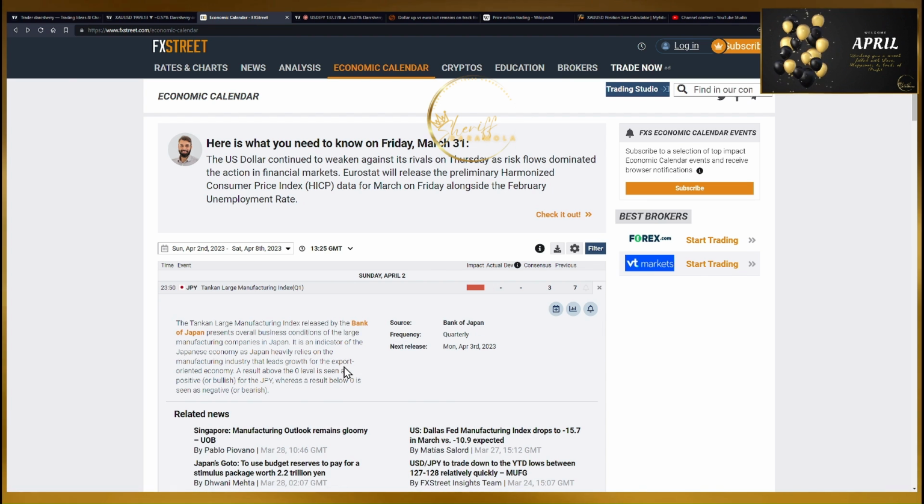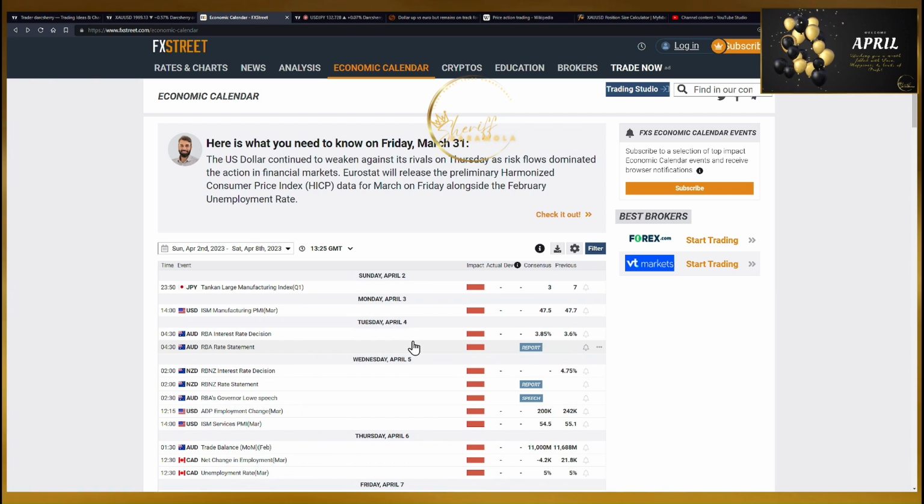And this event is a high impact event which presents the overall business condition of the large manufacturing companies in Japan. It is an indicator of the Japanese economy, as Japan heavily relies on the manufacturing industry that leads growth for the export-oriented economy. So we are going to be looking forward to this one.